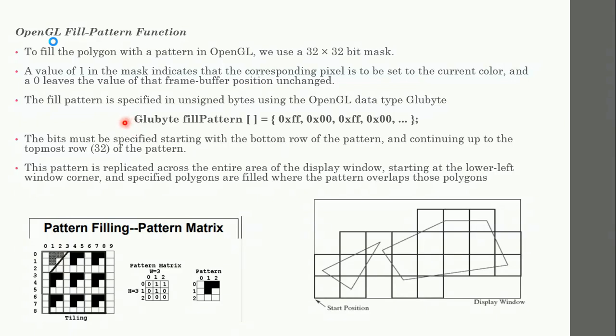It is given by GLubyte fillPattern, which is an array of hexadecimal values, like FF 00 FF 00, so alternate ones and zeros. You have an on-off pattern, on, off, and it goes on like this.